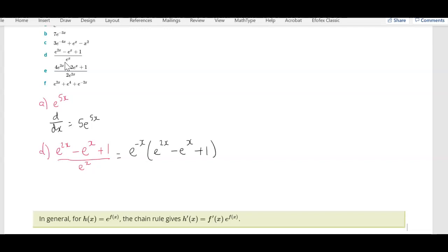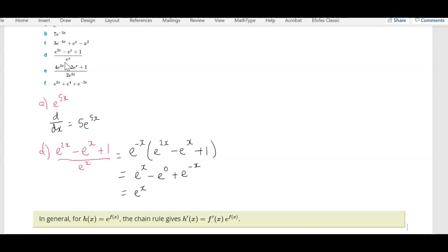All right, so when we multiply through, remember your bases stay the same and we add our powers. So negative x plus 2x is just x. Then we've got e to the negative x plus x is 0. And then we've got plus e to the negative x. So what we're going to do is everything individually. So e to the power of x just stays as e to the power of x.